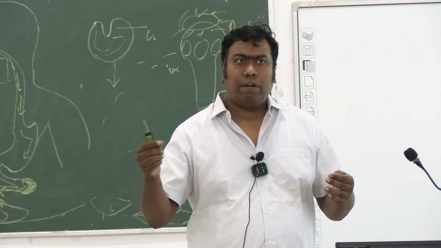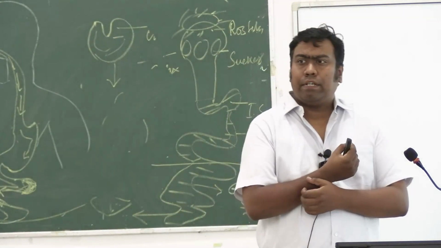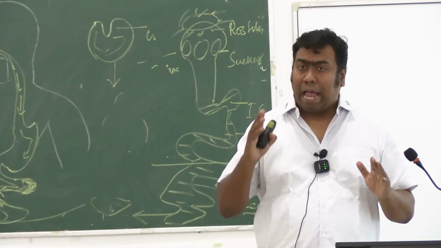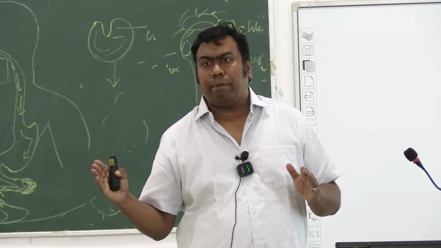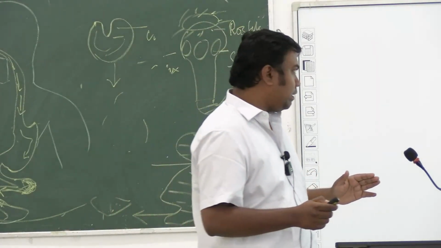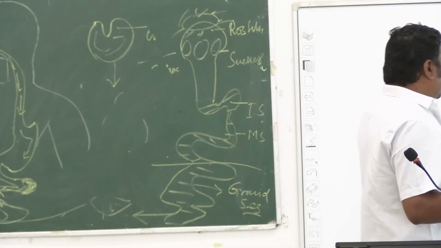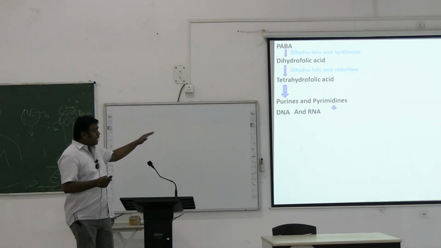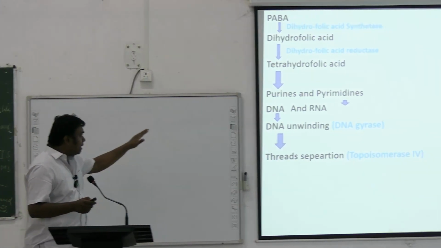লিনোজোলিড কোথায় ইউজ হয়? Where we can use linezolid? Staph aureus and it is a second line drug, reserve drug for tuberculosis. So PABA, dihydrofolate synthesis, dihydrofolate reductase, then tetrahydrofolic acid, from that DNA RNA.